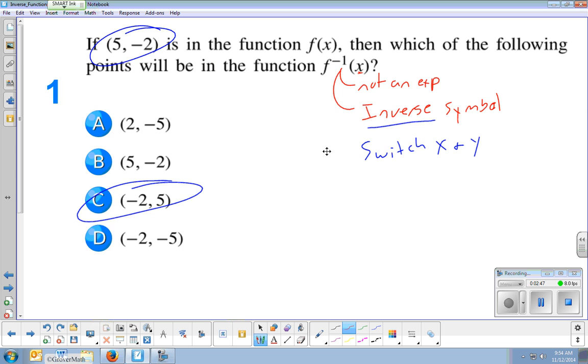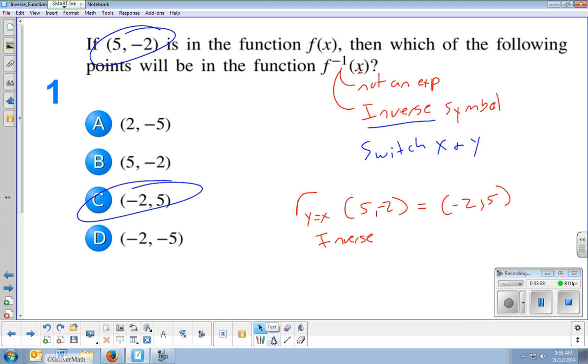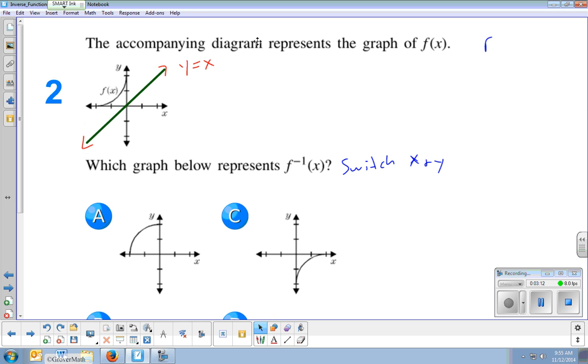Back to this problem, in geometry, if you had the question reflect across the line y equals x, the coordinates (5, negative 2), the answer was (negative 2, 5). And this is your inverse function. If you had a good geometry teacher, maybe they mentioned that when you reflect over the line y equals x, you switch x and y, and that's called the inverse. And so the inverse is reflecting across this line.